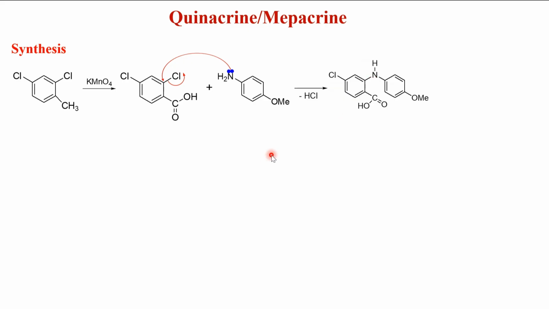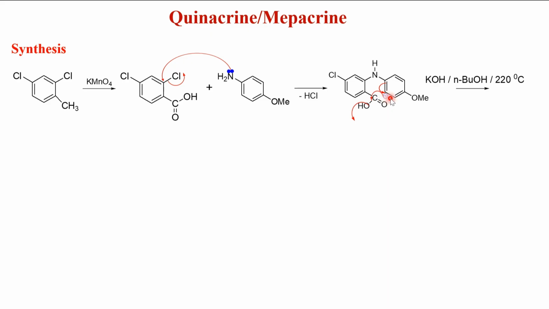Then when I heat it strongly in the presence of potassium hydroxide and n-butanol, the pi electrons over here move onto the carbon, which becomes a carbanion. The carbonyl carbon being an electron deficient center, and this carbon being an electron rich center, these excess electrons are given to the electron deficient center.